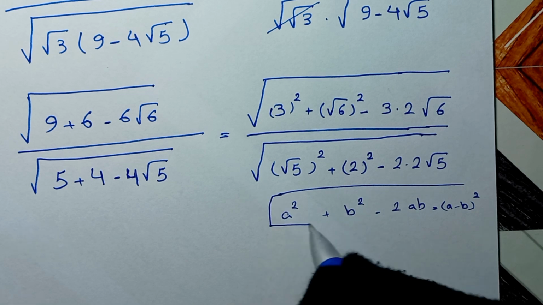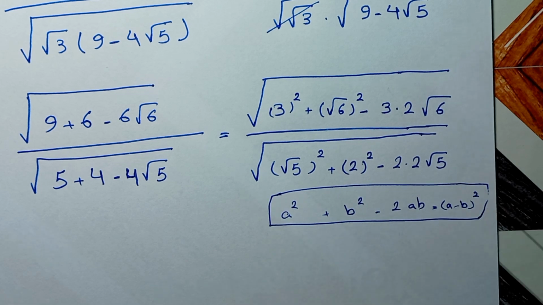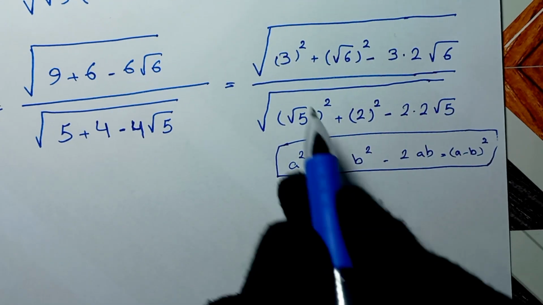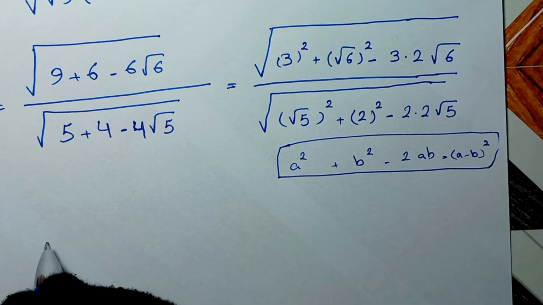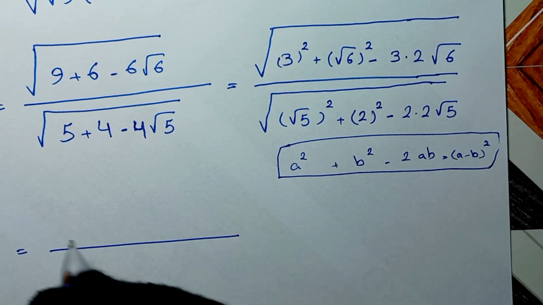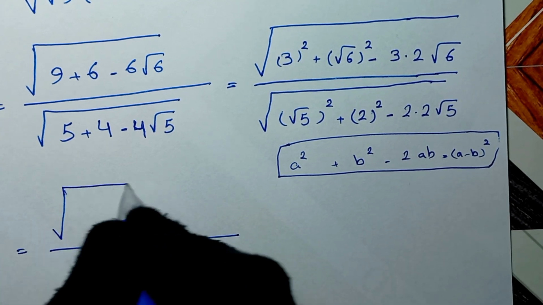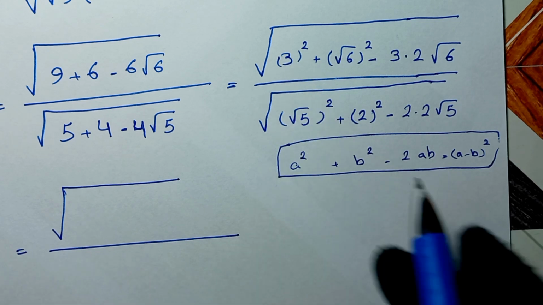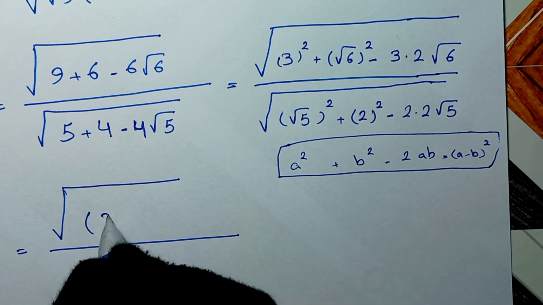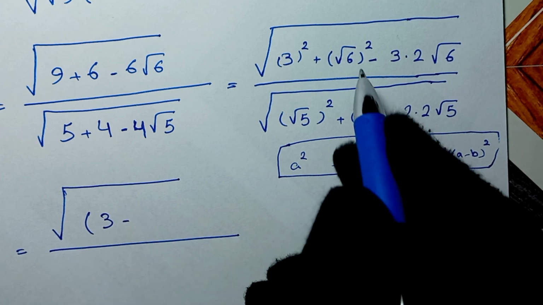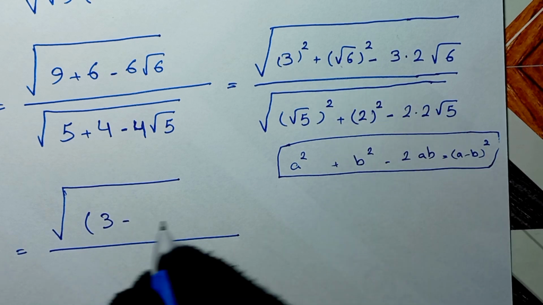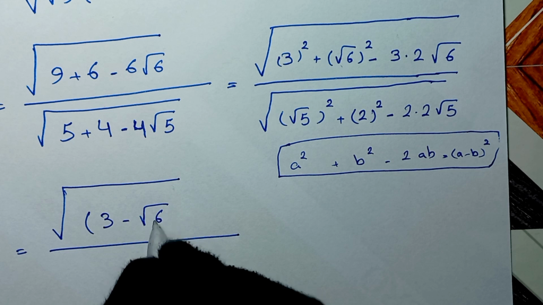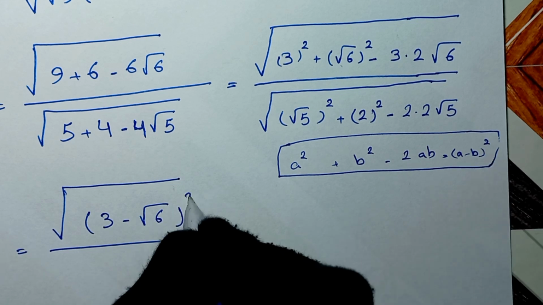So we write numerator and denominator in this form, and it will be square root of a square. In here, a is 3, right? So a is 3, so 3 minus b square. B square is square root of 6, right? So, 3 minus square root of 6 to power of 2.